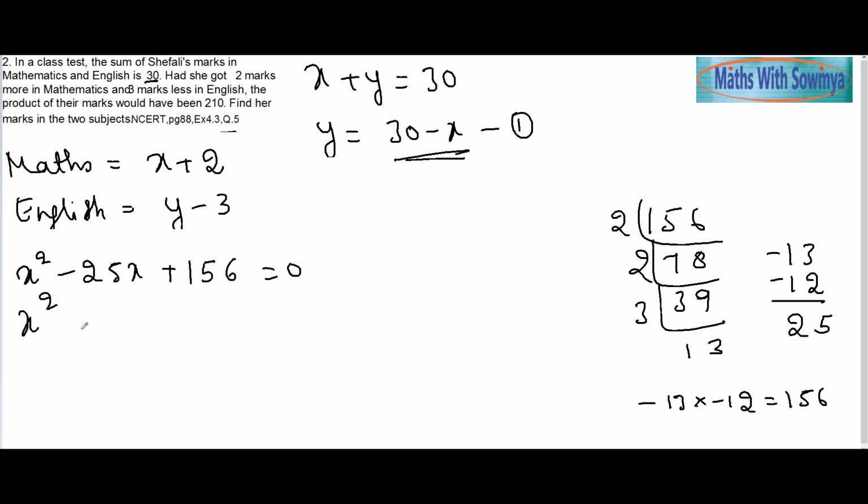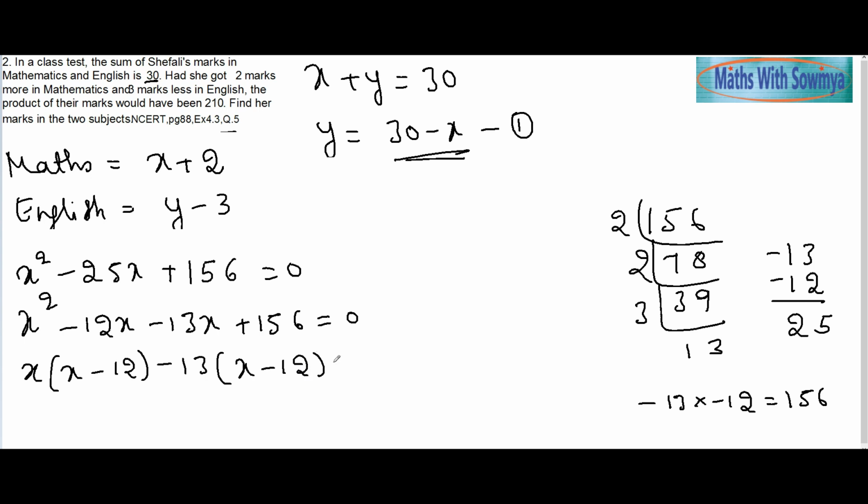So we can take this X square minus 12X minus 13X plus 156 equals 0. Take an X common factor. X minus 12, minus 13 common factor. X minus 12 and X minus 13 equals 0.